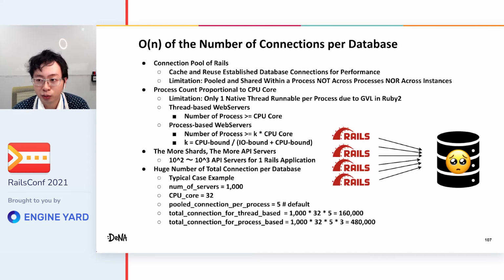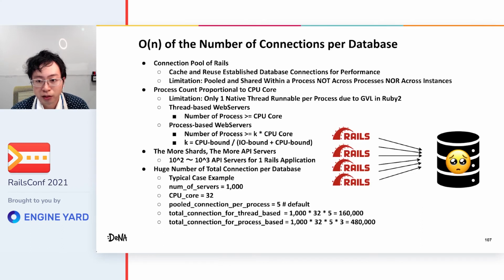Also, the Ruby 2 GVL forces only one native thread to be runnable per process. The result of these two limitations leads to the number of processes being larger than CPU cores. And generally speaking, there are many API servers connecting to the many shards.